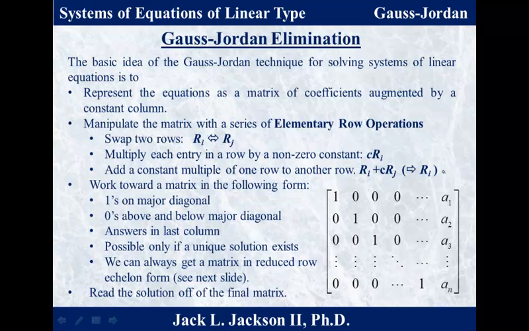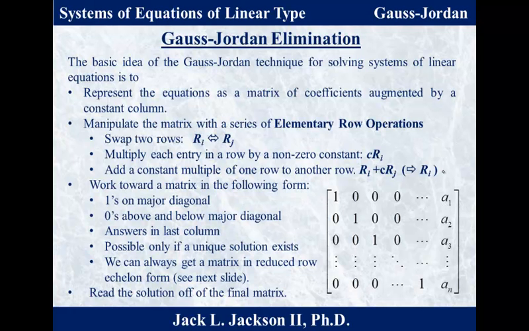Alright, so now let's start talking about the Gauss-Jordan elimination technique. The basic idea of the Gauss-Jordan technique for solving systems of linear equations is to do the following. We want to represent the equations as a matrix of coefficients augmented by a constant column. We want to manipulate the matrix with a series of elementary row operations. And again, what are those row operations?